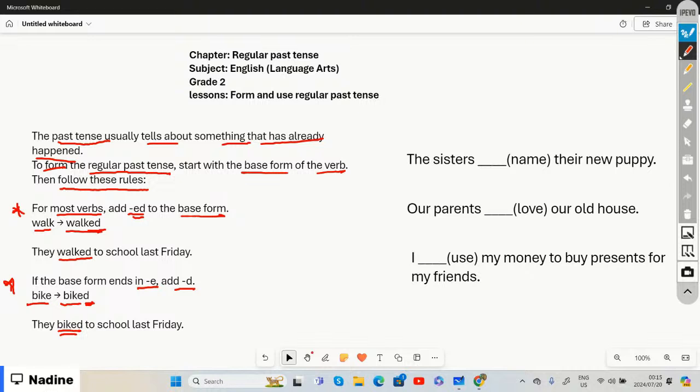So when it comes to a regular past tense, there are rules that you need to follow. The rules are basically that you just add a d or you add an ed to the specific word in order for it to change to the past tense.